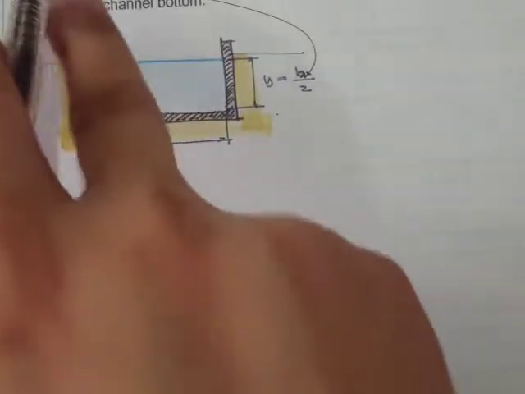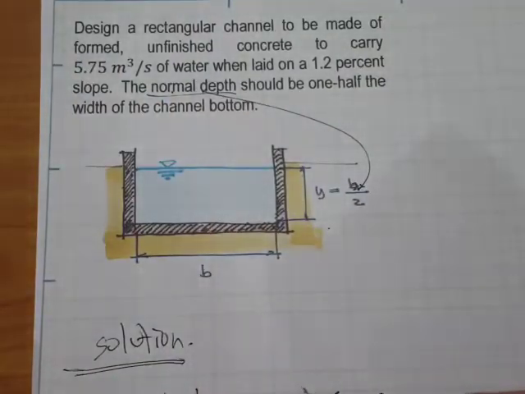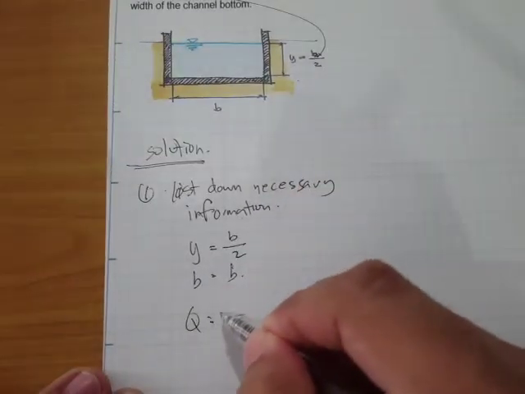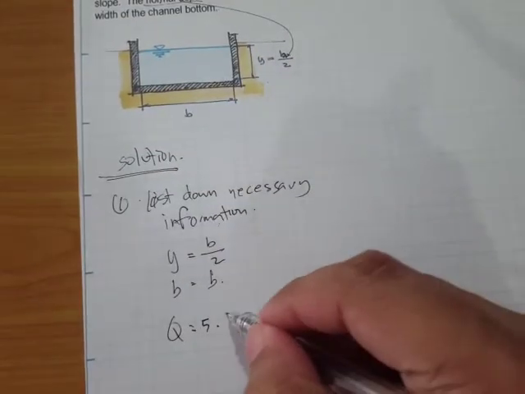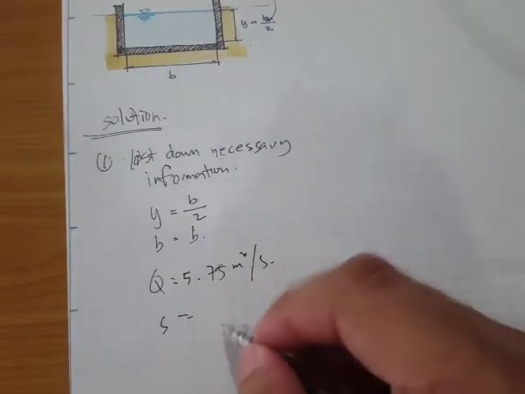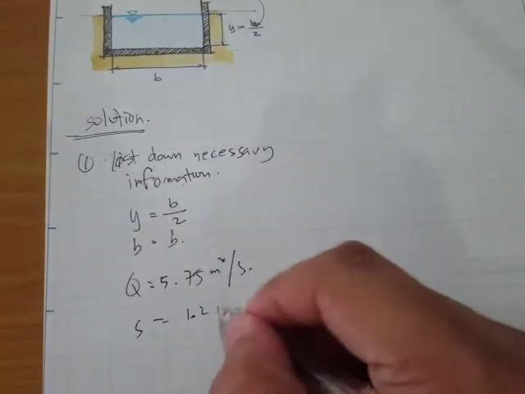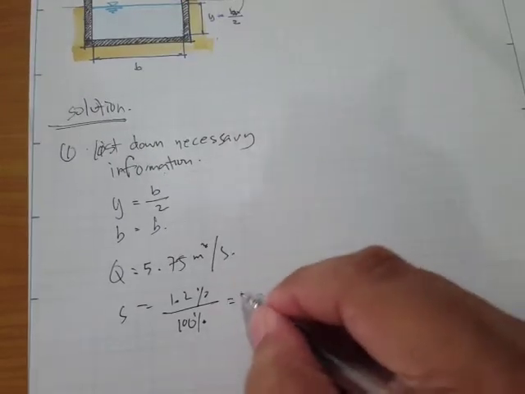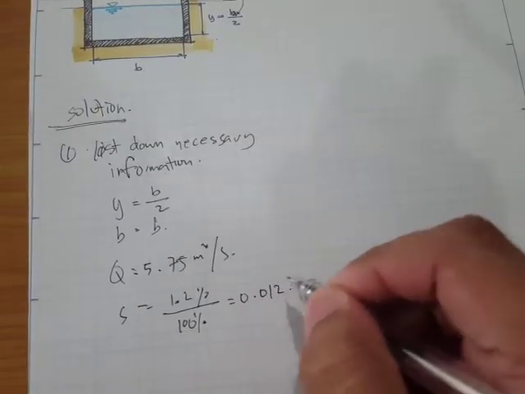And what else? The flow rate Q is equal to 5.75 cubic meters per second, and the S is 1.2% slope, which means 1.2% divided by 100%, that is 0.012.